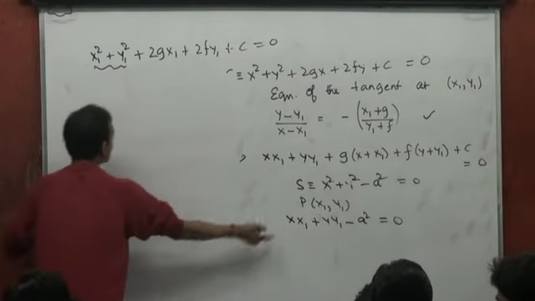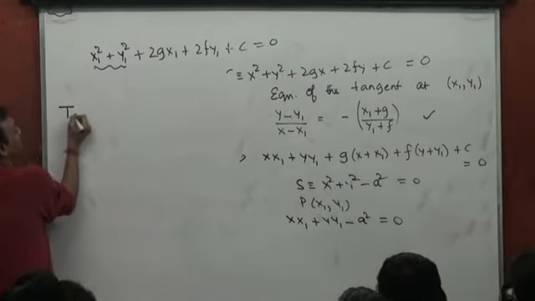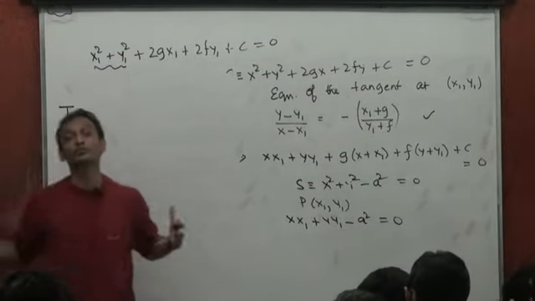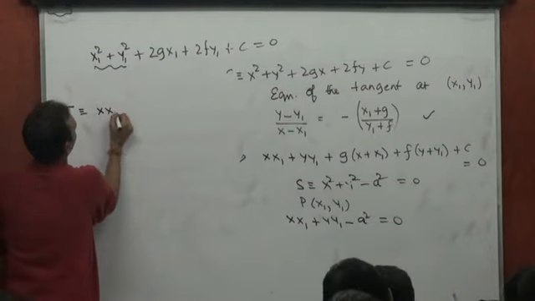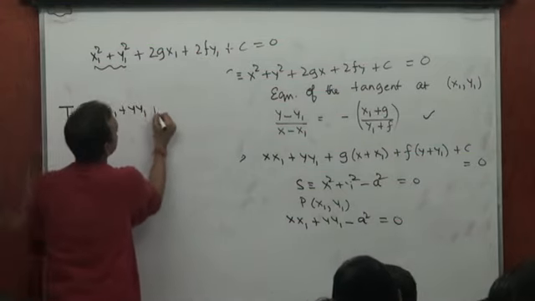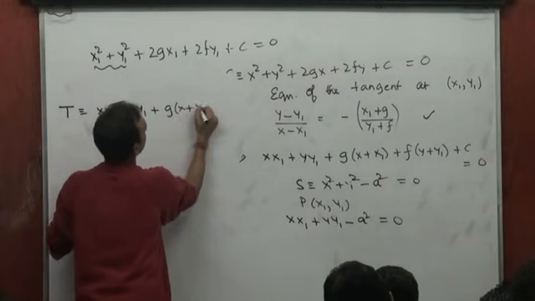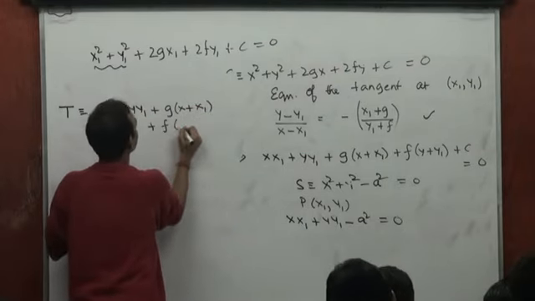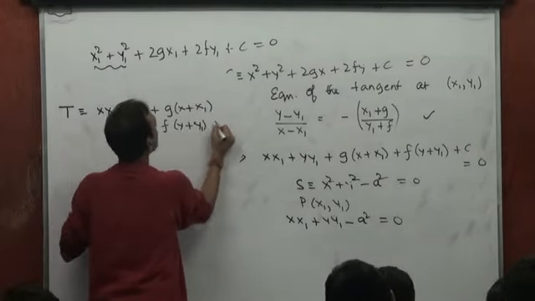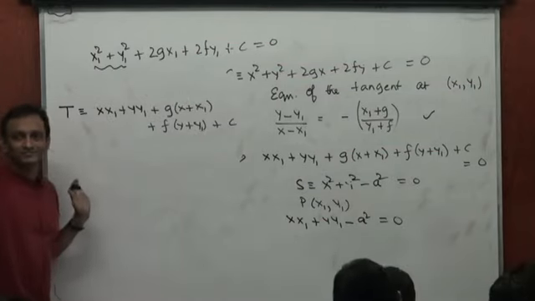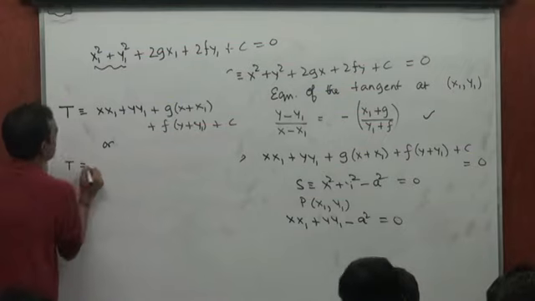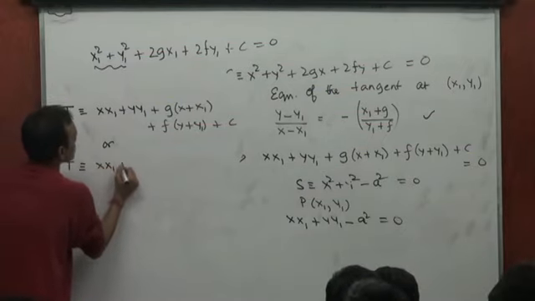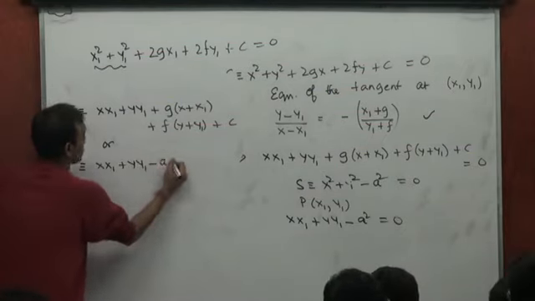Be it this or this, I call it T. Just this expression would be referred to as T. x x1 plus y y1 plus g into (x plus x1) plus f into (y plus y1) plus c is only an expression, or this T could also be x x1 plus y y1 minus a squared.